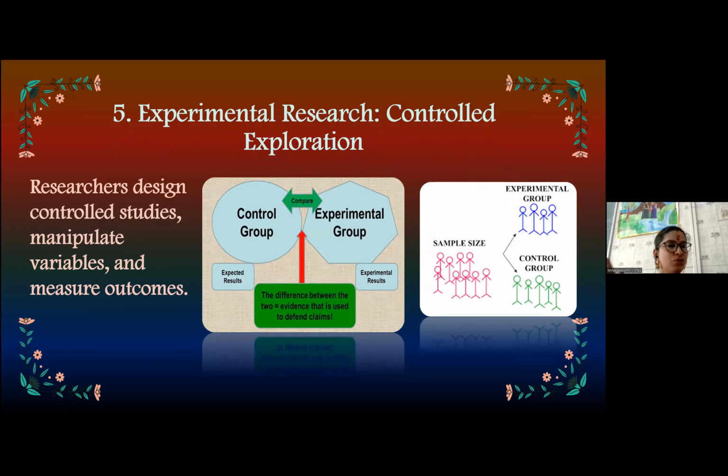Researchers design controlled studies, manipulate variables, and measure outcomes. Right? So the control group will provide the expected result, and the experimental group, with that experiment, gets the desired results.